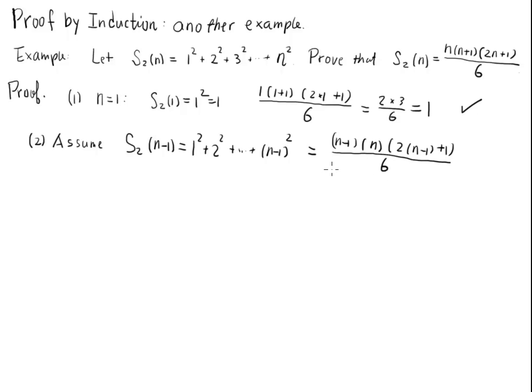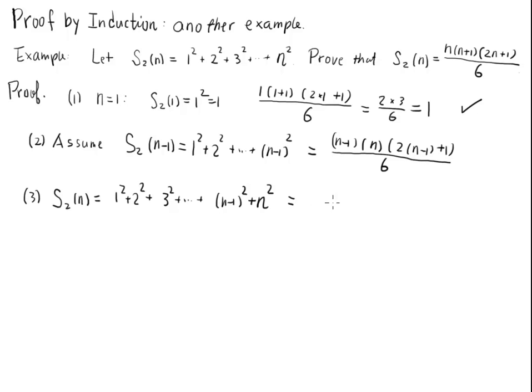And we want to show now, the last step over here, we want to show it is true for n. That means now we consider S2n over here. S2n, we see that's simply 1 squared plus 2 squared and plus 3 squared, and keep going until n minus 1 squared, and of course now we have additional n squared.